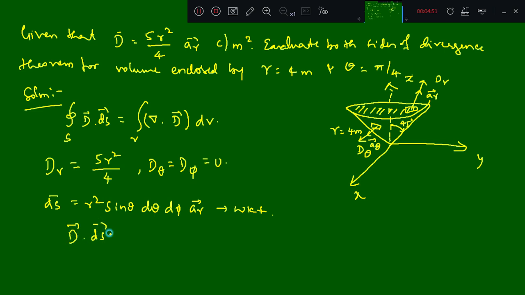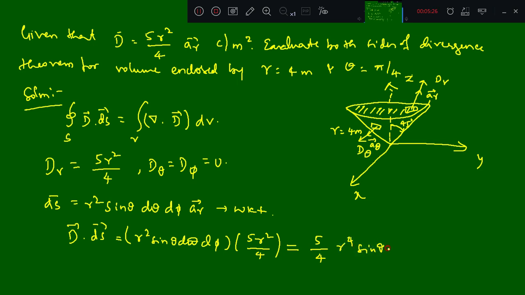D dot dS is nothing but r square sin theta d theta d phi into 5 r square divided by 4. So this aR and this aR, we will get it as 1. So the value is 5 divided by 4 r raised to 4 sin theta d theta d phi. So this value we are going to get.